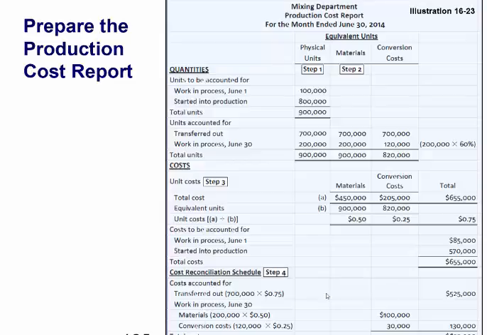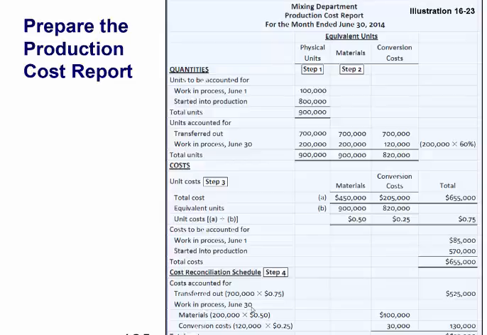And then we are reconciling and showing the numbers that are going to follow these inventoriable items. Regarding the 700,000 units that were finished and transferred on, 75 cents per unit for $525,000, and the 75 cents includes materials plus conversion. It came from here.